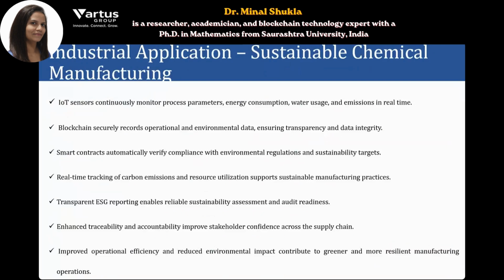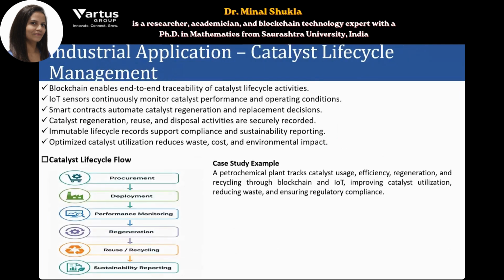Real-time tracking of carbon emissions and resource utilization supports sustainable manufacturing practices. Transparent ESG reporting enables reliable sustainability assessment and audit readiness. Enhanced traceability and accountability improve stakeholders' confidence across the supply chain. And this is how efficiency and reduced environmental impact contribute to greener and more resilient manufacturing operations.